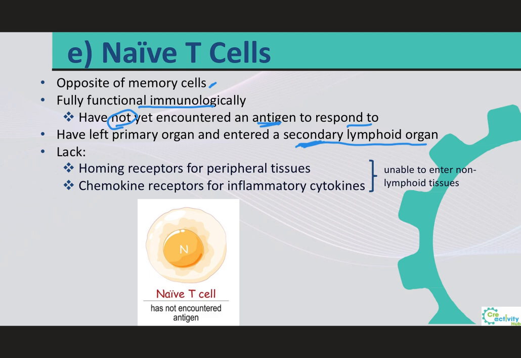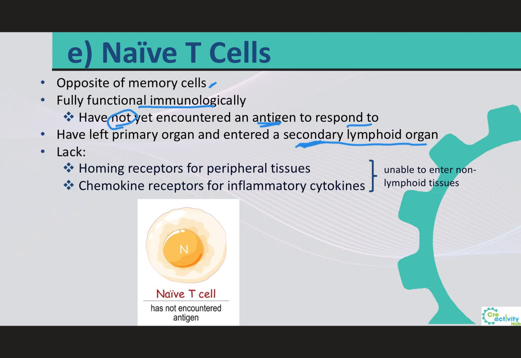And they will also have a specialized postcapillary vessel known as high endothelial venules. The cells lining these venules are thicker and more columnar than normal endothelial cells, which allows cells from the blood to directly enter these secondary lymphoid organs or tissues.